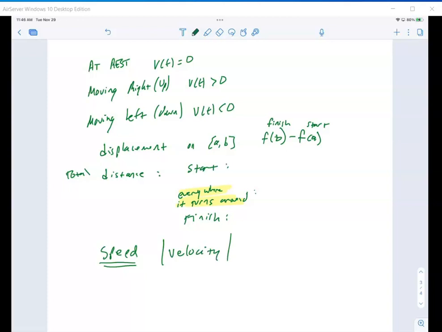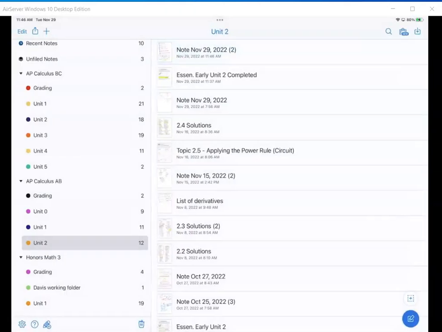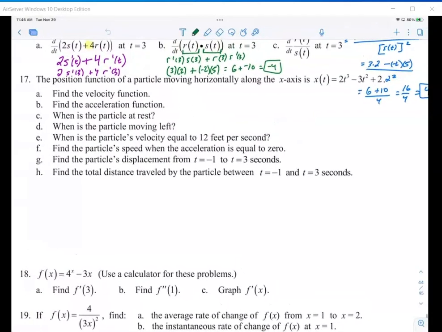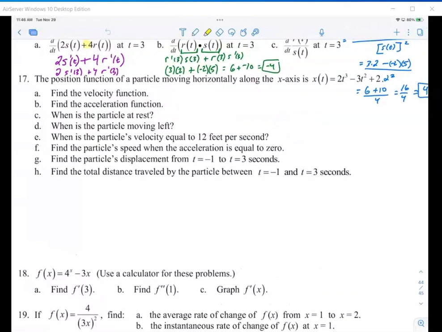I believe this is one multi-part question for the physics stuff. Okay, all right, let's see here. This is my x, my position equation.